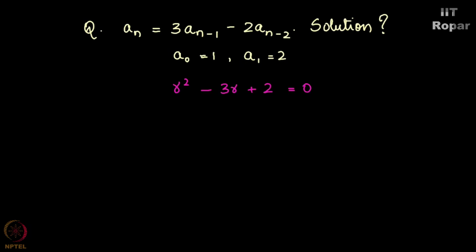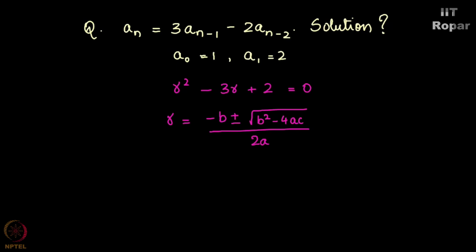How did I get this? As you see, the constants C1 and C2 here are 3 and minus 2 respectively, and hence substituting that in the quadratic equation, I get r squared minus 3r plus 2 equals 0. Now, how can I solve this? I can solve it using the formula minus b plus or minus the square root of b squared minus 4ac, all divided by 2a.